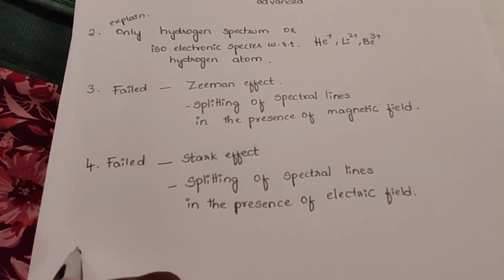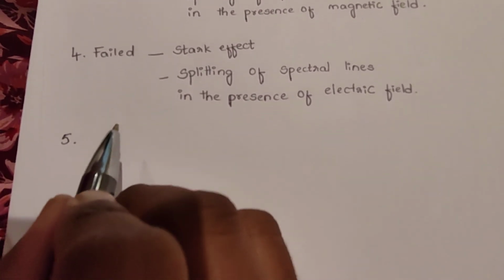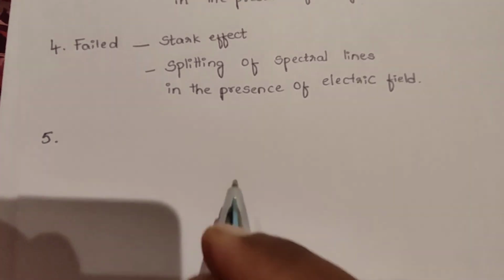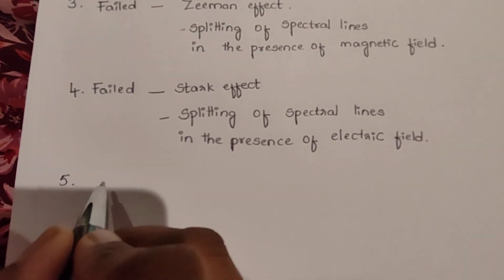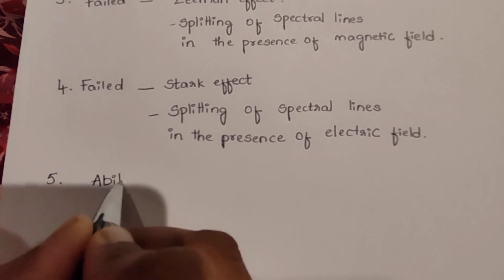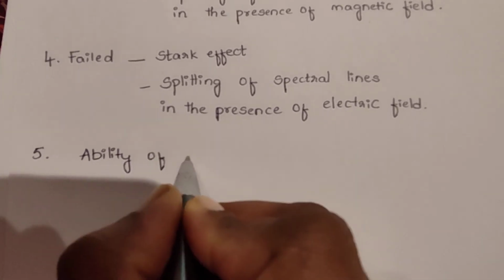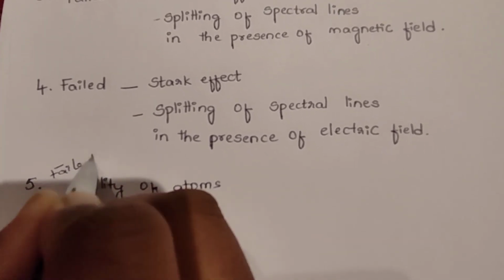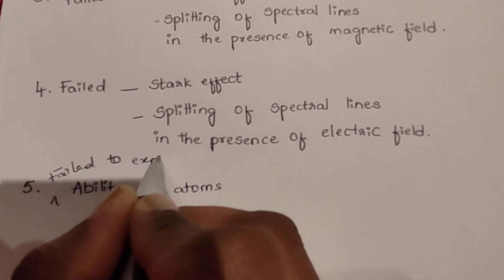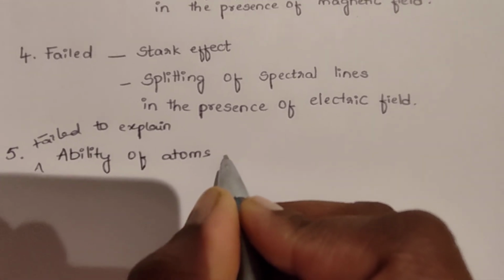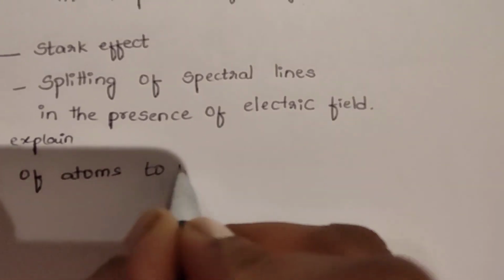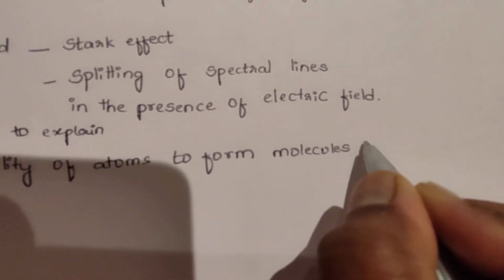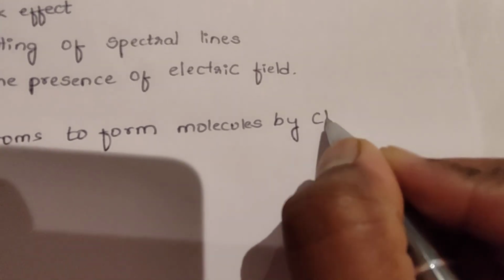Next one, the last drawback, but it is the most important drawback of Bohr's model, that it failed to explain the ability of atoms to form molecules by chemical bonds.